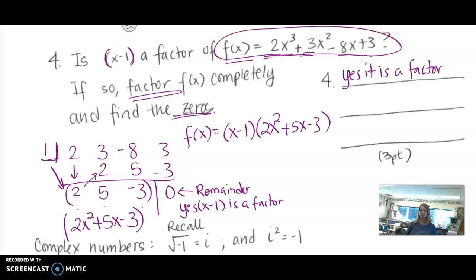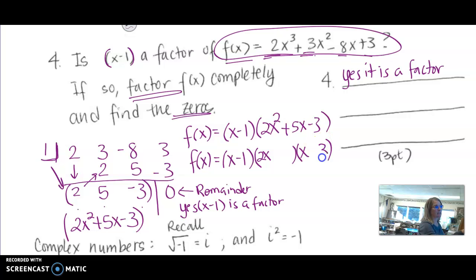We need to factor it completely and then set each factor equal to 0. So now we have this x minus 1, and now we have a trinomial, and the trinomial we can factor straight up. So we know that it has to be a 2x and an x if it's factorable. And we know we need a positive 5 in the middle, and the last two terms have to multiply to -3.